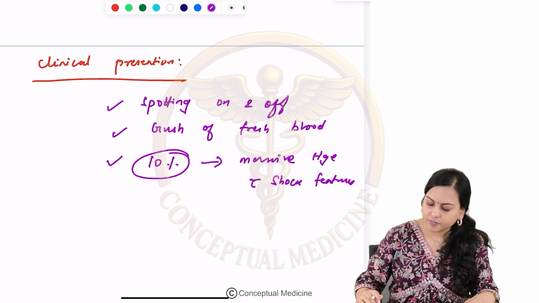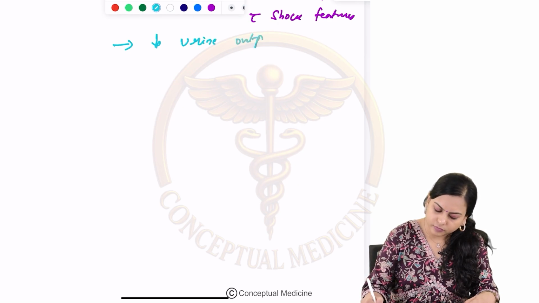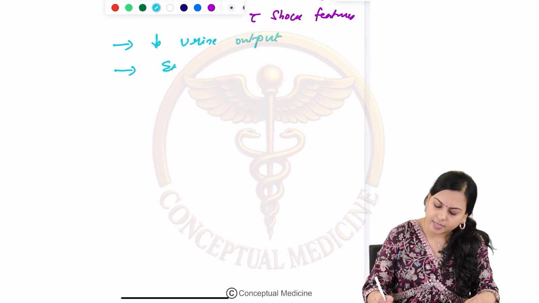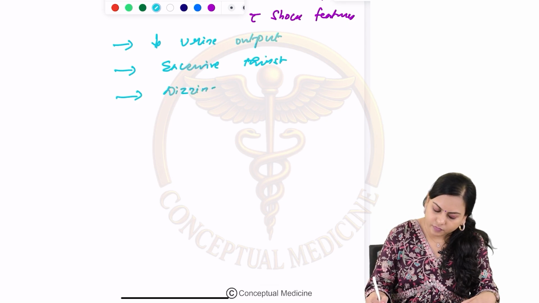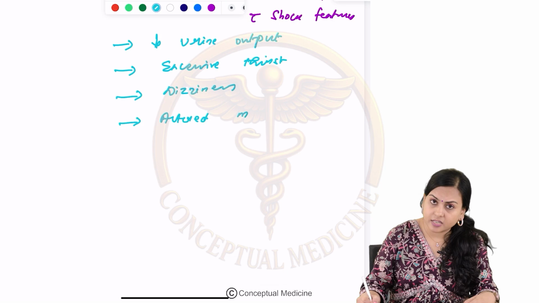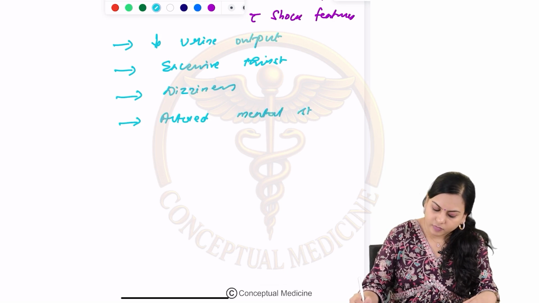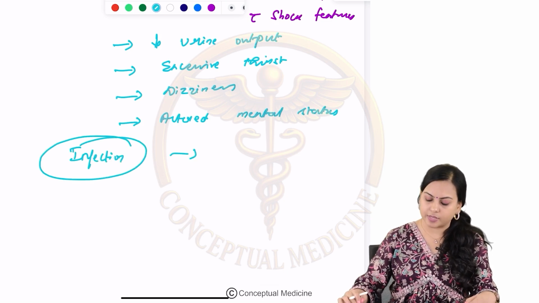Clear? So what are the features of shock? There can be reduced urine output, excessive thirst, dizziness, altered mental status, and you have to know the signs of infection that the woman can present with.